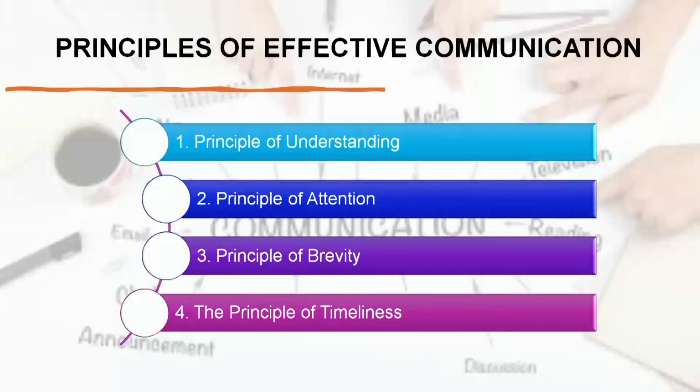Now, the reporters, they interpret it in various ways, and we see that the message has been conveyed in various forms, not actually what was meant to be. So the principle of understanding conveys that understanding of the communicated message should be very clear for both sender and receiver.